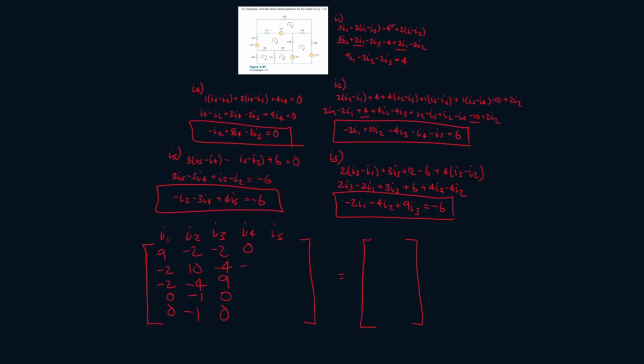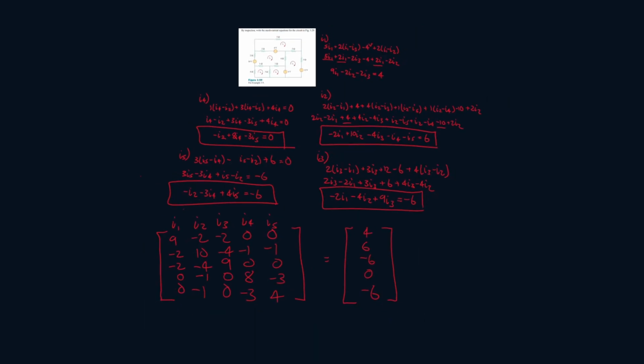The second one includes a minus 1. The third one doesn't include any. The fourth one is an 8. The fifth one is a minus 3. And now for I5, the first one doesn't include any. The second one, minus 1. The third one doesn't include any. The fourth one, minus 3. And the last one, it's a 4. And then for what they're all equal to: the first one, 4, second, 6, third, minus 6, fourth, 0, and the last one, minus 6.